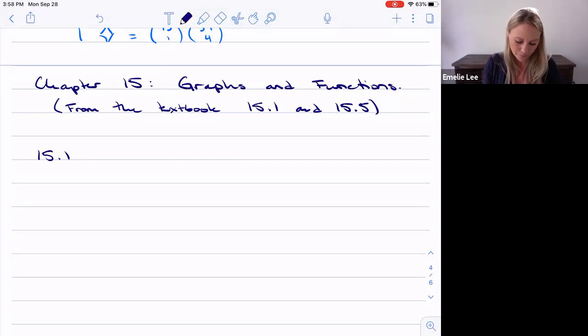The Cartesian coordinates and graphing lines is the first section, and then the second section talks about actual functions and their graphs. After that, I'll just give you the material in our notes for the next little bit of chapter 15, which is one-to-one and onto functions and function composition. I'll make a note in our notes about that. But that won't be until probably next day or the following day.